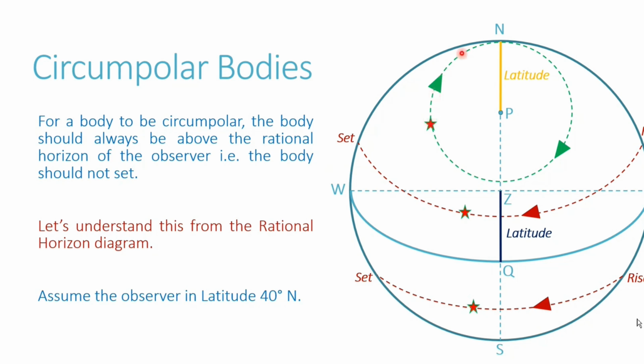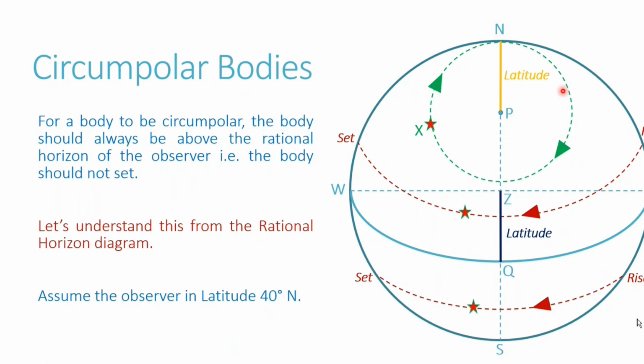Now the arrows show the direction in which the star will be moving on this particular circle. Now we can clearly see that the entire declination circle of this particular star is above the horizon of the observer. It touches the horizon at the north point, but never goes below the horizon.